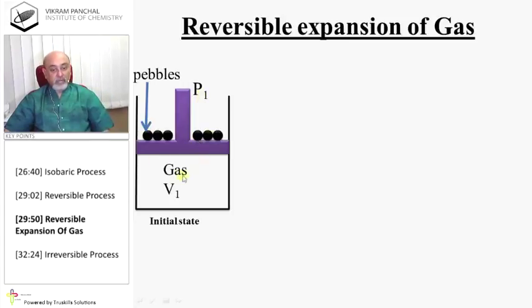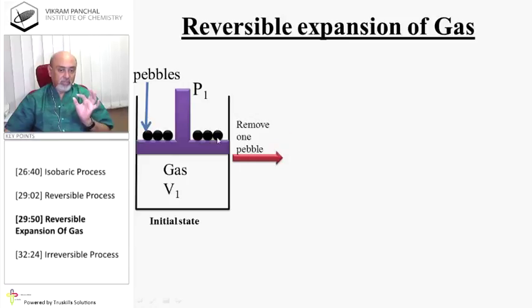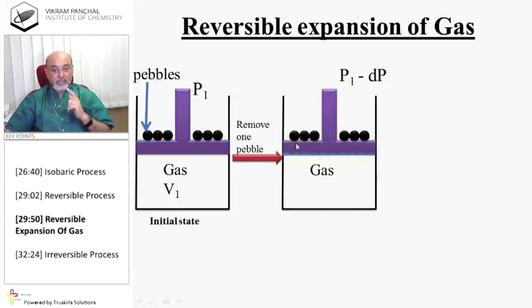Pressure say P1, and volume of gas is V1. This is the initial state. Now, if we remove only one small pebble, which has hardly any mass, there will be a slight change in the pressure.